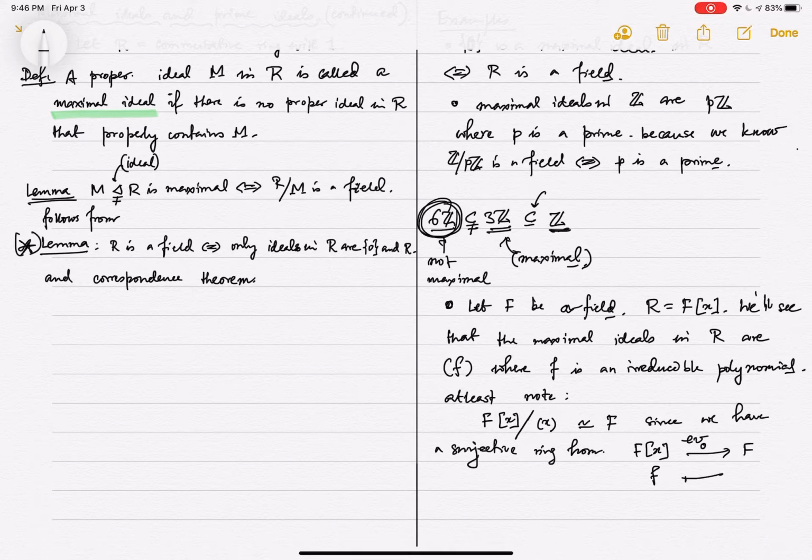Give me a polynomial, I send it to its value at 0. And the kernel of this map is, you can check, all multiples of x.